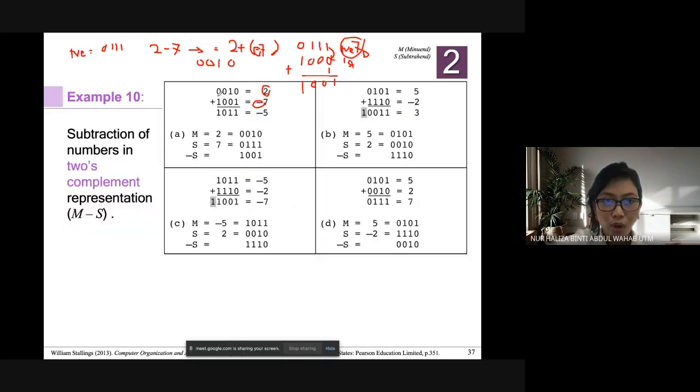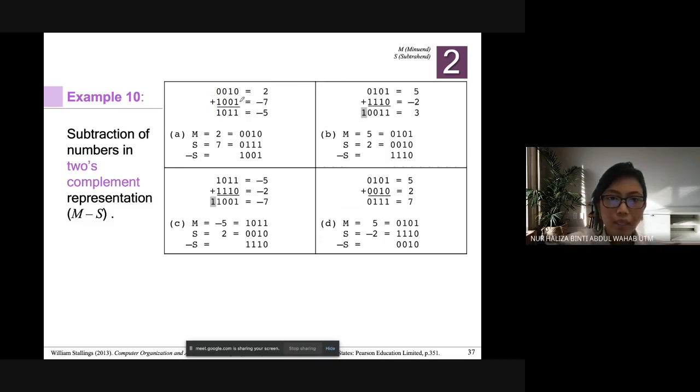So that's why over here it's add. This represents negative 7 already. So just add it, you're going to get 1011. So 1011, if you directly convert it to decimal, you're going to get something different from negative 5.